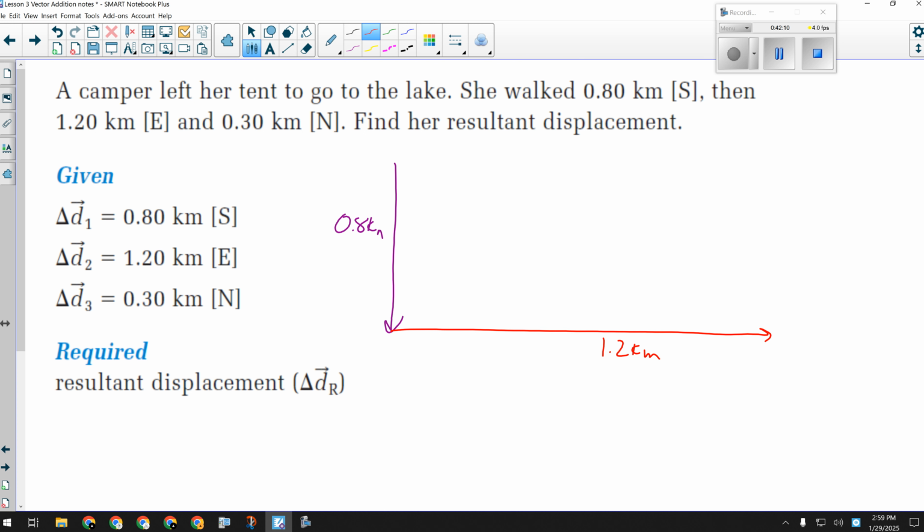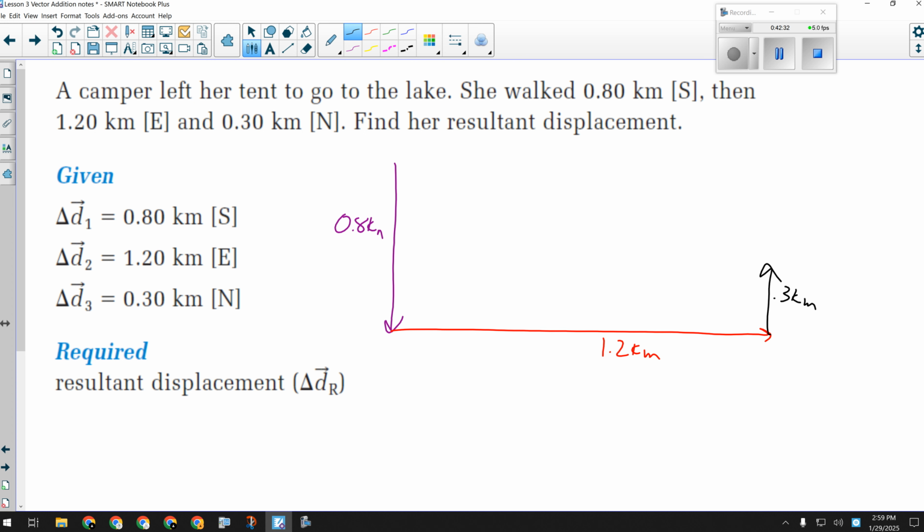Okay, I drew it tail to head, right? I put it on the head of the first one, because first they did this, and then they did this, and then after that, they went 0.3 kilometers back north again. I didn't measure these, they're just approximately to scale, and it'll get the job done.